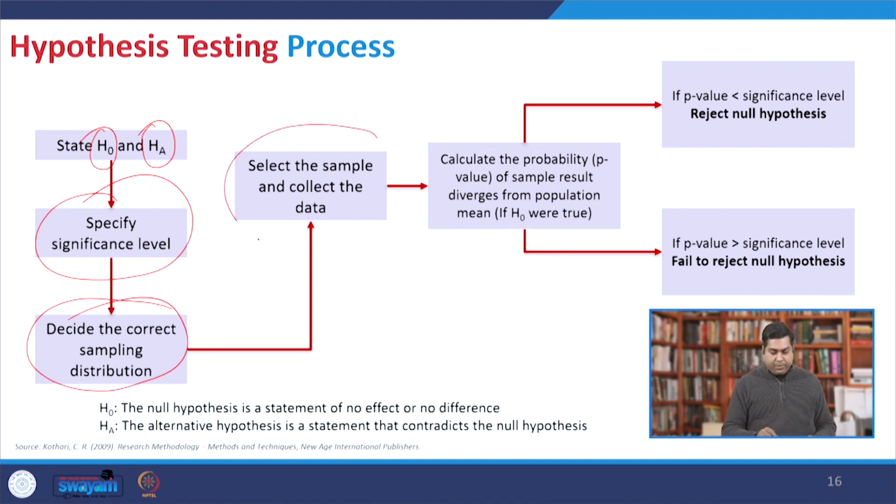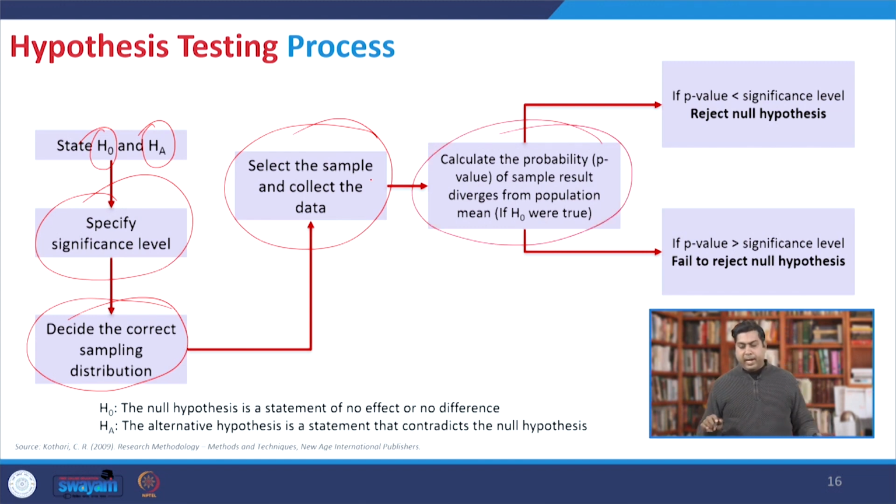Then select the sample and collect the data, then calculate the probability, the p value. If you find the p value is less than the significance level, normally 5% as I mentioned, we reject. If not, we say fail to reject the null hypothesis. The null hypothesis is a statement of no effect or no difference, whereas the alternative is a statement which contradicts the null hypothesis.